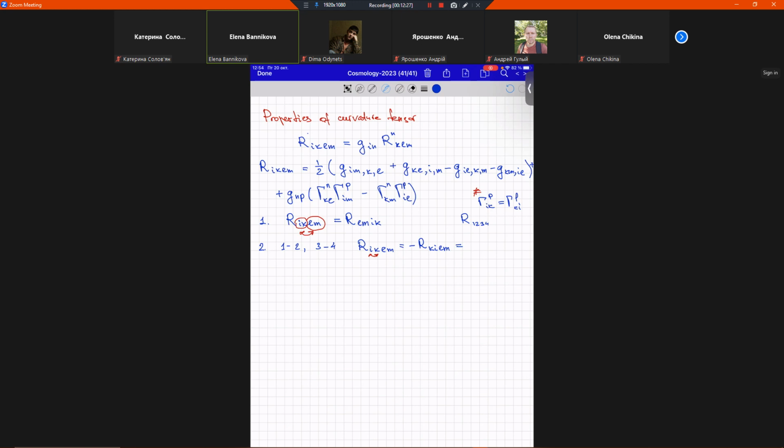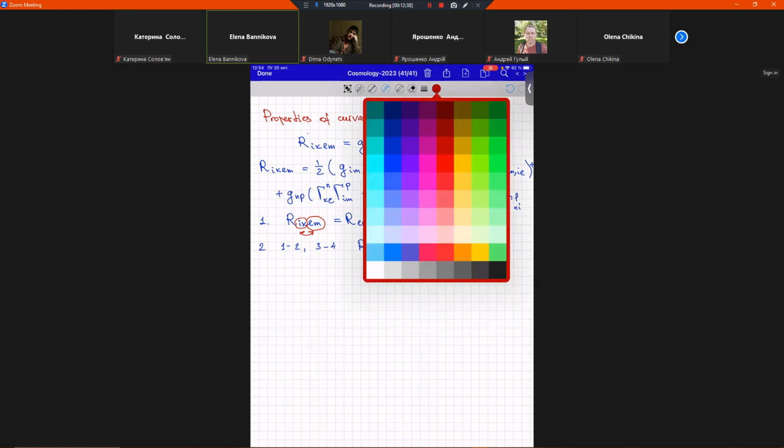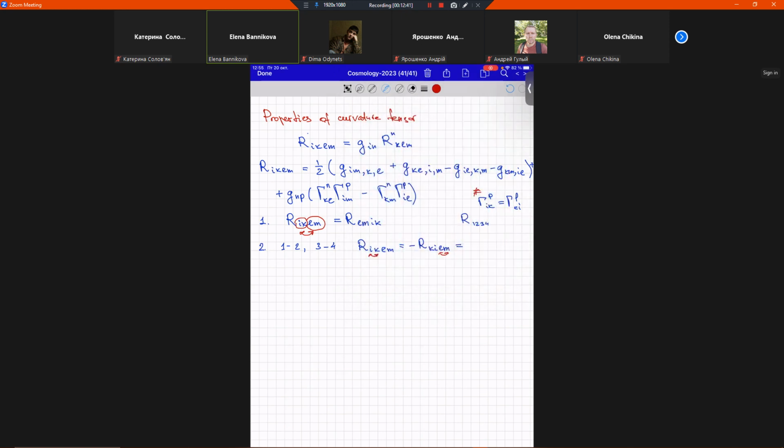If I again do this, choose, for example, these two indexes, minus or minus will give us plus, so I will have R_kiml. So this is the general rule, which also can be seen if we use this expression of the Riemann tensor through the metric tensor and Christoffel symbols.